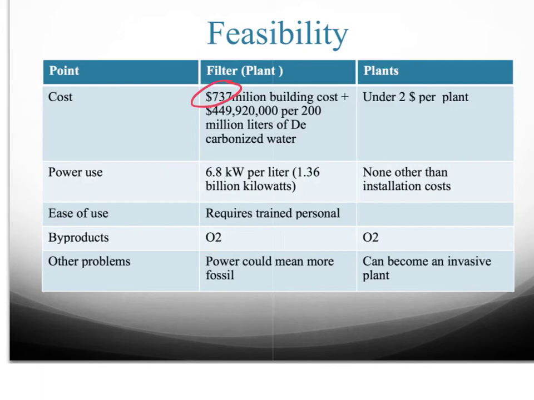However, it does have one major downside, because depending on where you would plant it, this plant might become invasive, taking over the roles of more native plants and causing other problems, and because it can interact with local wildlife and cause some harm there. However, mostly, as you can see, the plant method wins and looks like a more feasible method than the activated carbon plant method.